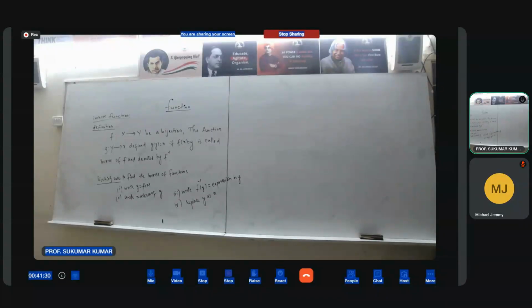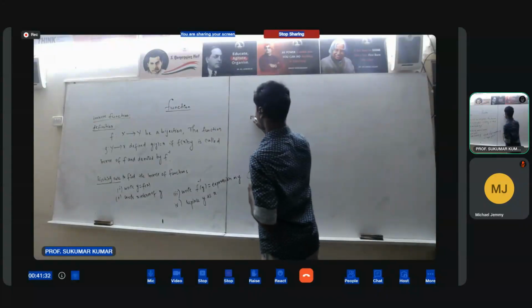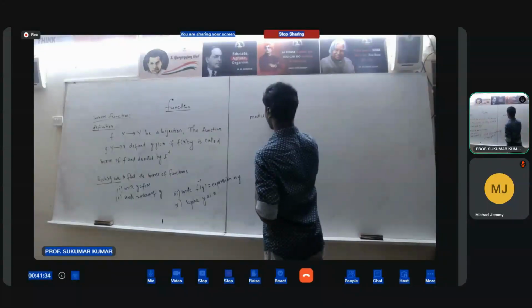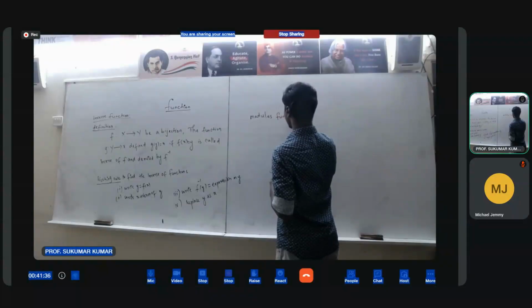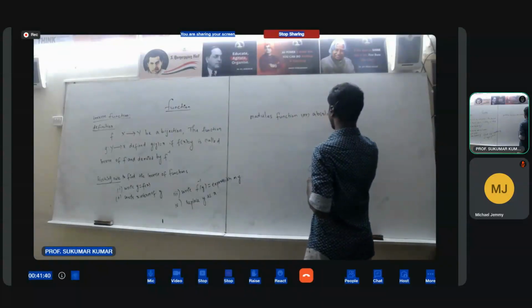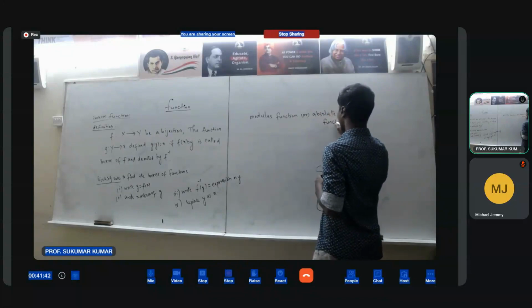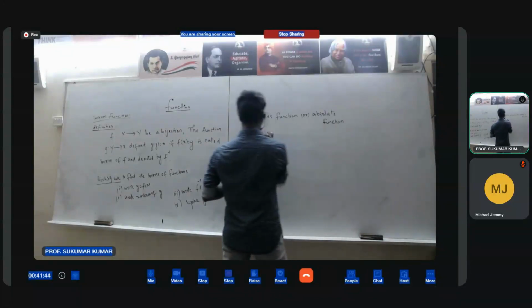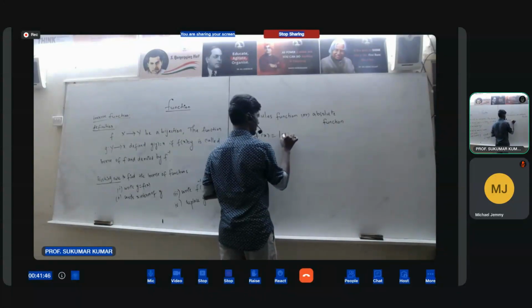The modulus function, or absolute function, is f of x equal to mod x.